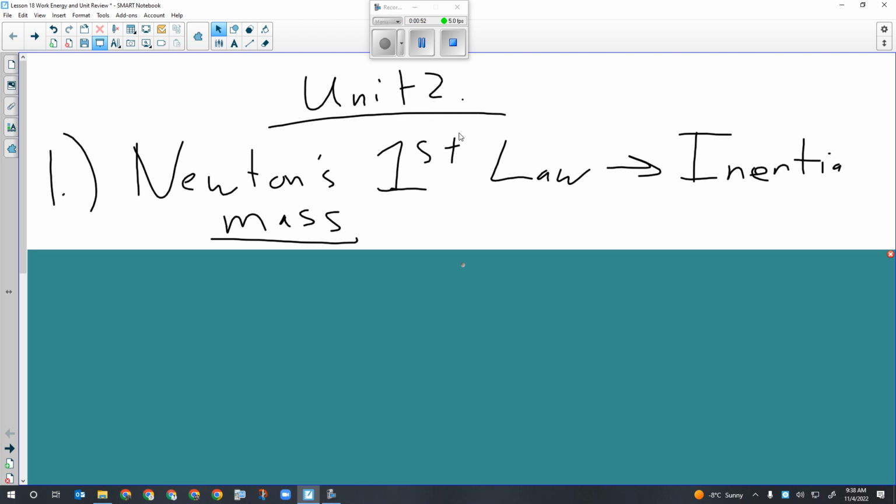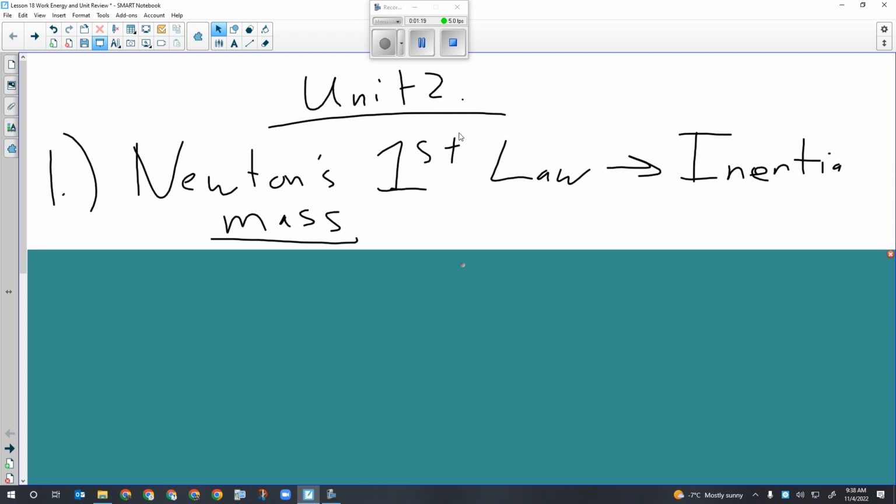It is what happens when there is no net force present. So there's really nothing to calculate because of that. We just have to understand Newton's first law and know that that's the case. When there is no net force, Newton's first law applies, and we're looking at basically no changes.